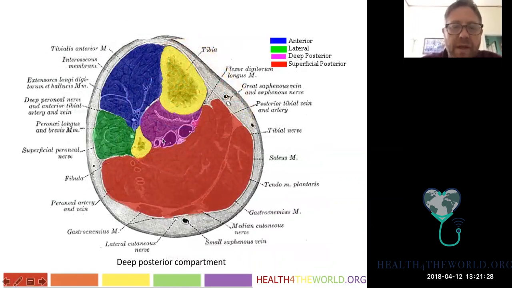And again, this is the interosseous membrane here with the anterior tibial artery here, which is in front of it. And you're going to have the posterior tibial artery and vein and the peroneal artery in this deep posterior compartment right here.